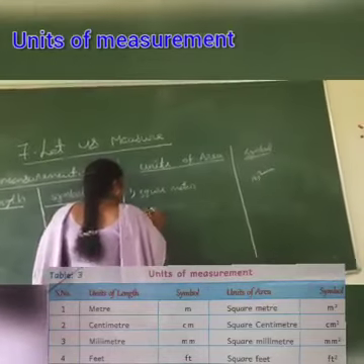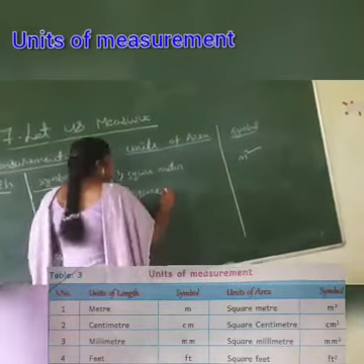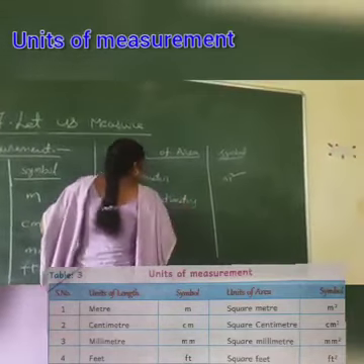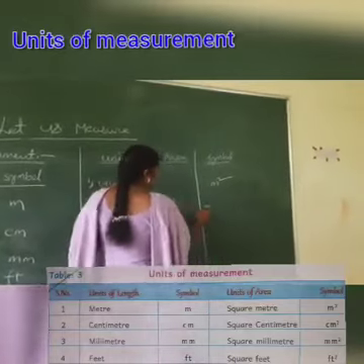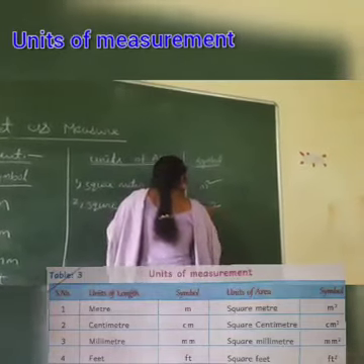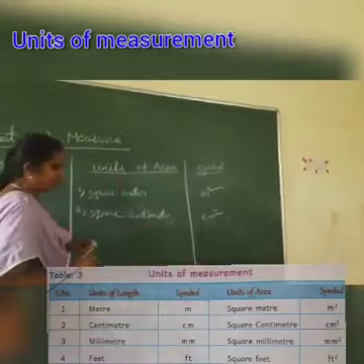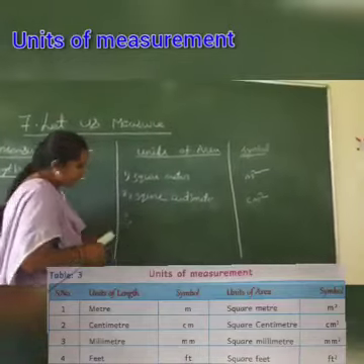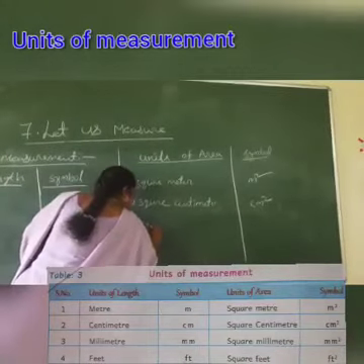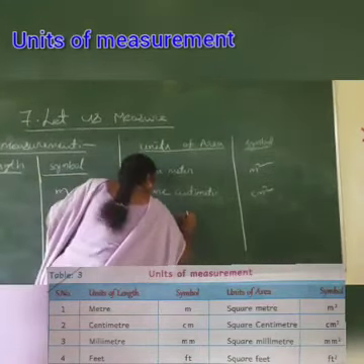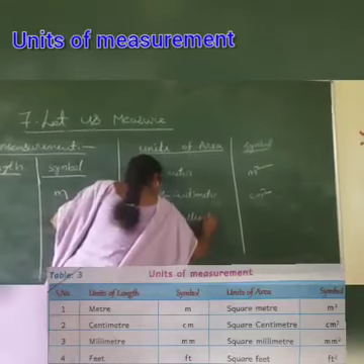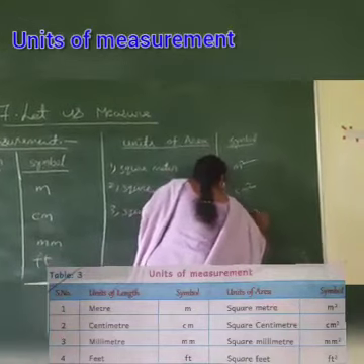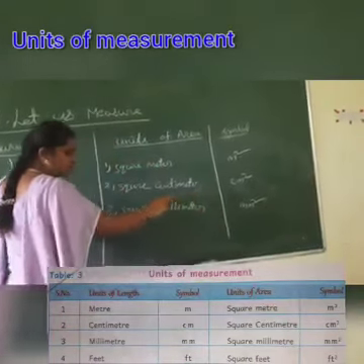And square centimeters. So square centimeter indicates like this. See, centimeter, square centimeter. Okay. The third one is square millimeter, and this is the symbol of square millimeter.